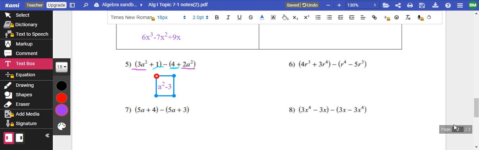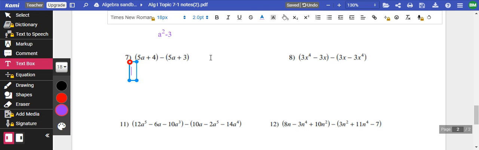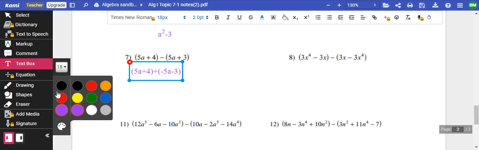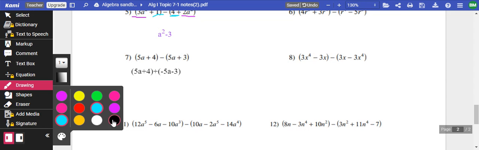For number 7, I'm going to do it slightly differently. I am going to distribute the negative first. So I'm just going to change this. This is going to say parentheses 5a plus 4. And then I'm going to change it to a plus sign because I'm going to distribute that negative. And I get negative 5a minus 3. Okay? This is that fun and exciting distributive property.